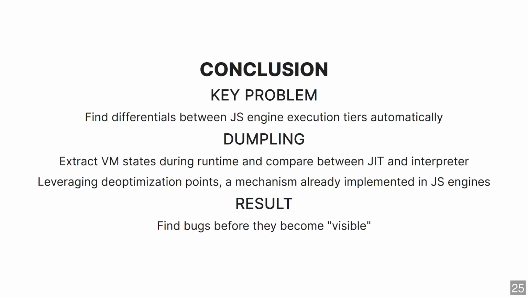We believe that these bug oracles tailored to the fuzz target are successful and a viable approach for important critical targets such as JavaScript engines. As a result, you could say we find bugs before they become visible.